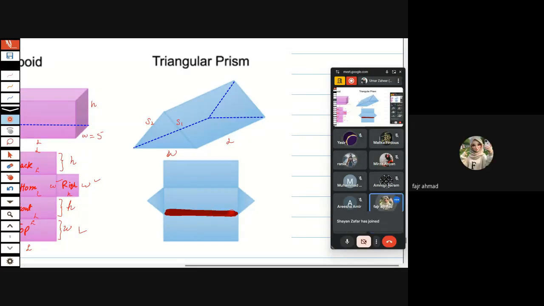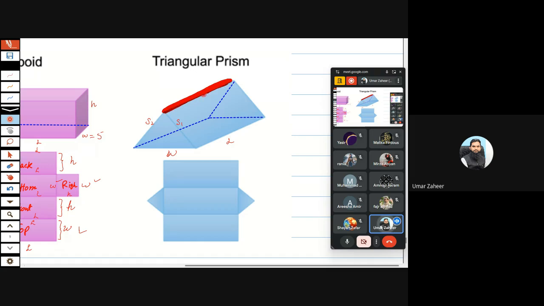It is the length, and it is the length as well, right? And obviously it is the length as well, but it's the top one. In the same way, it is going to meet here as well. So we have to write L. All right. Now what is it? It is the width. This one, width.